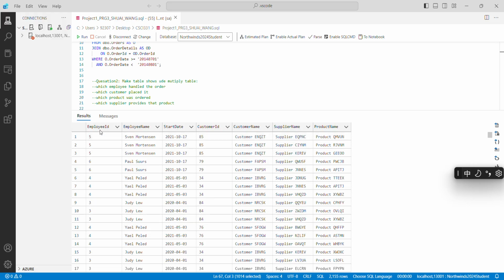Okay, the employee ID and its owner, the employee name and what date she started to work. The related customer ID, customer name, and the supplier name, product name.